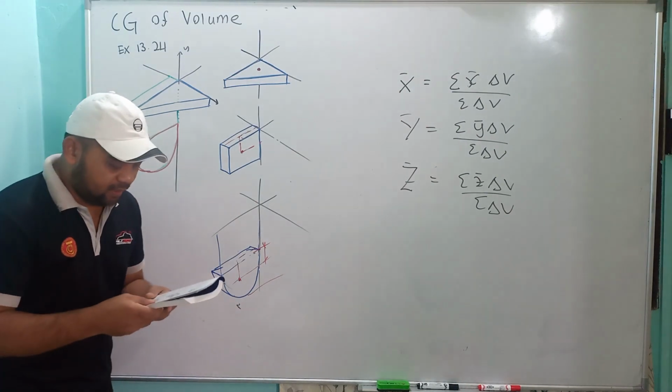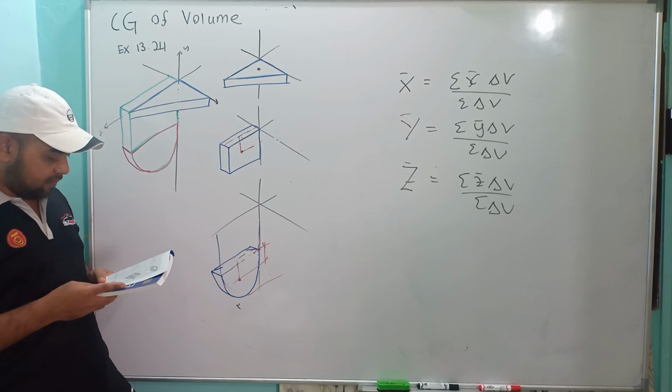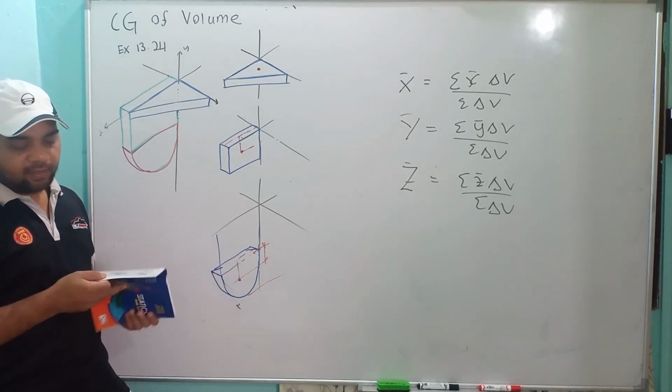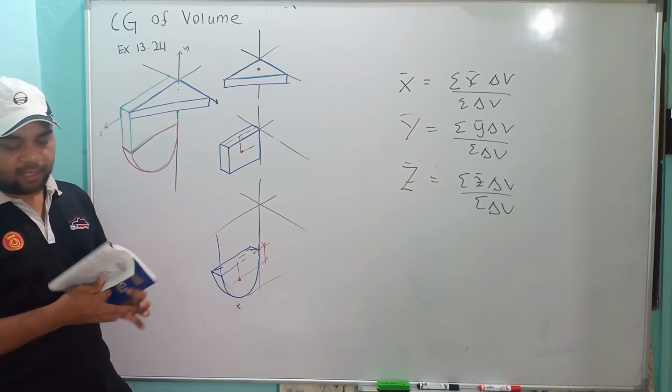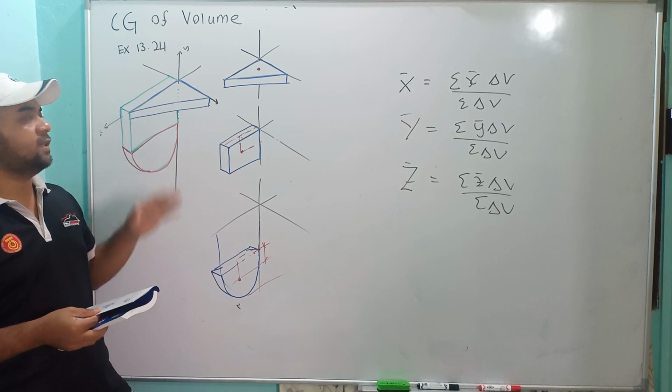The question said, determine the centroid, which is x bar, y bar and z bar for the component shown. And here I've highlighted the component in several different colors.